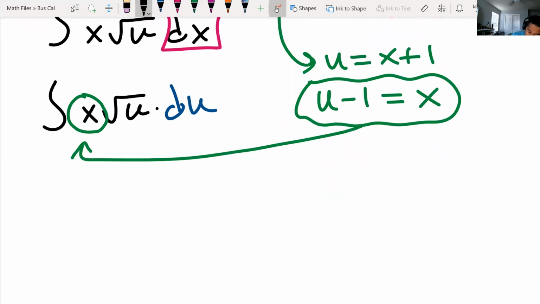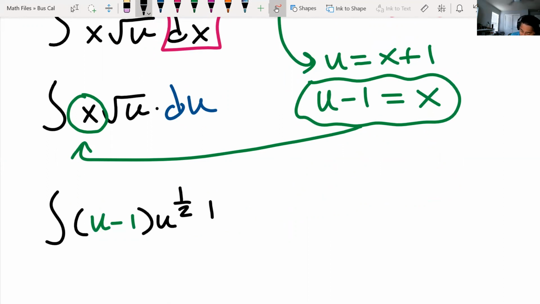So now we have the integral of u minus 1 times the square root of u, which I'm going to rewrite as u to the 1/2 du.